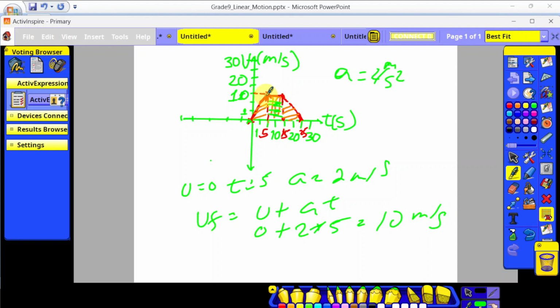Then it moves for another 10 seconds with the same speed and decelerates with -1. The slope of this line is -1. It decelerates.